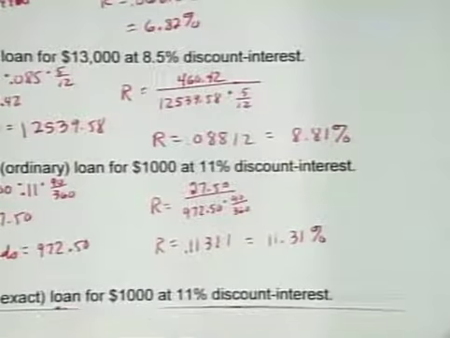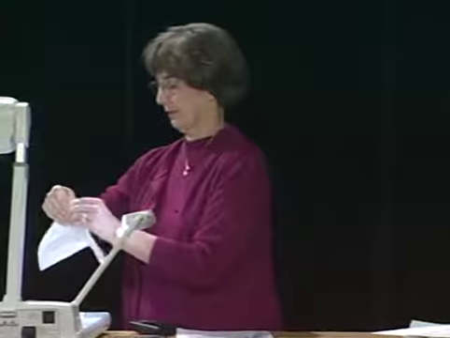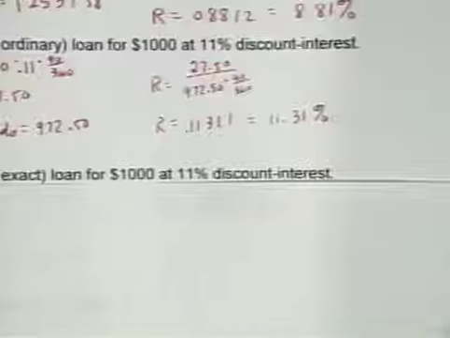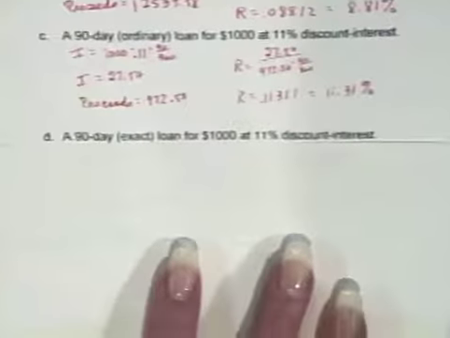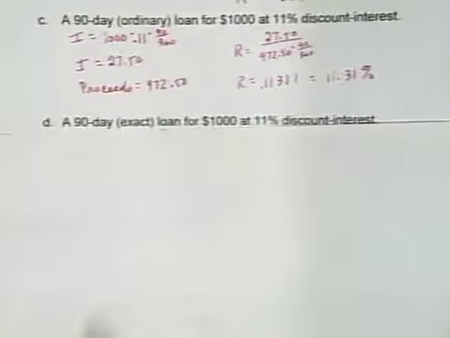It says, fold up my paper. I've got a 90-day, and it's going to be exact loan, 11% interest, $1,000.